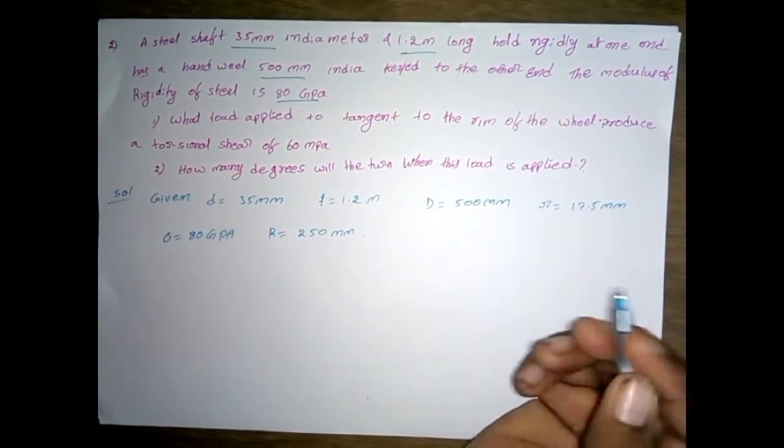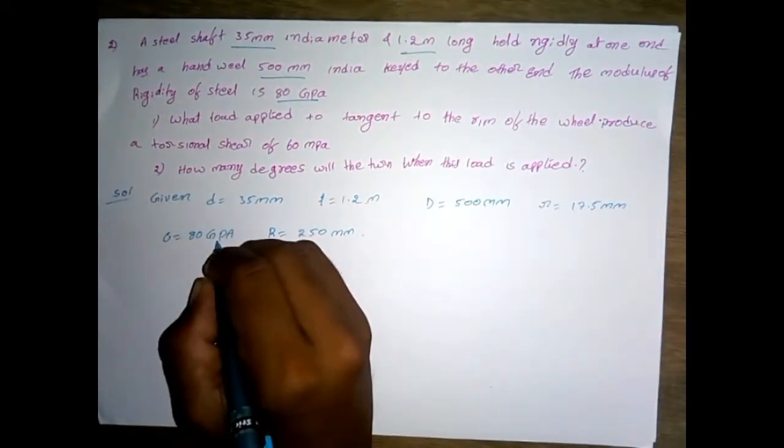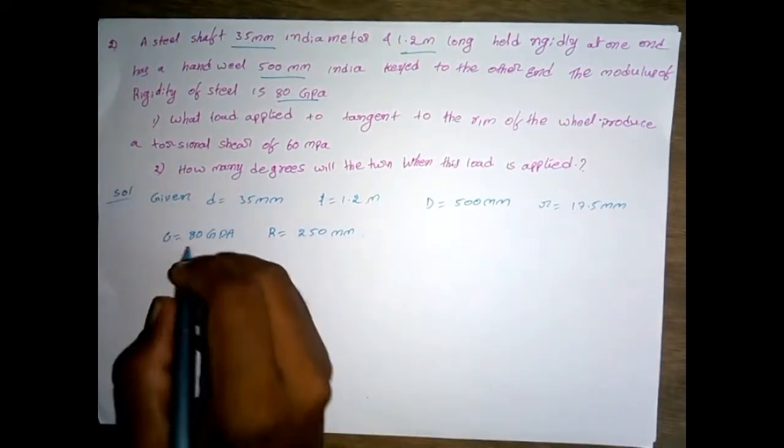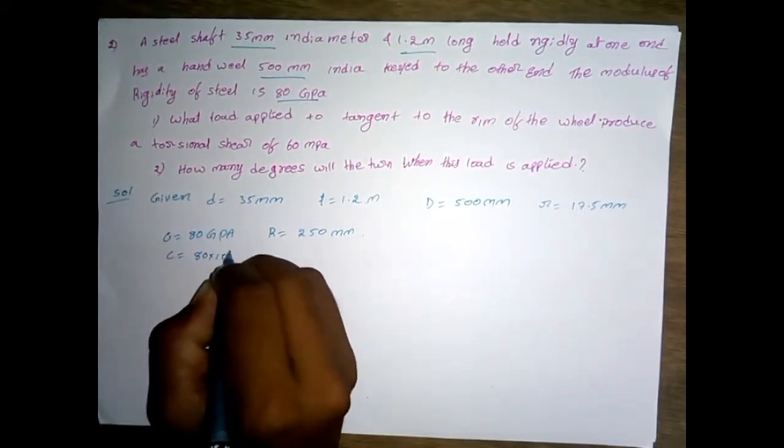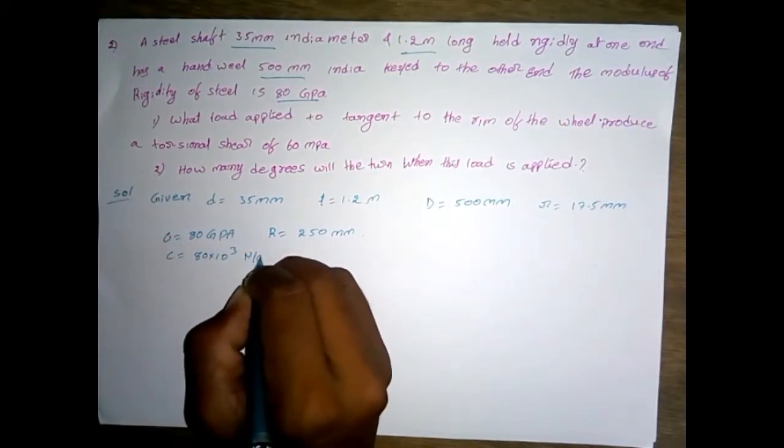And the modulus of rigidity, C, is equal to 80 into 10 power 3 Newton per mm square.